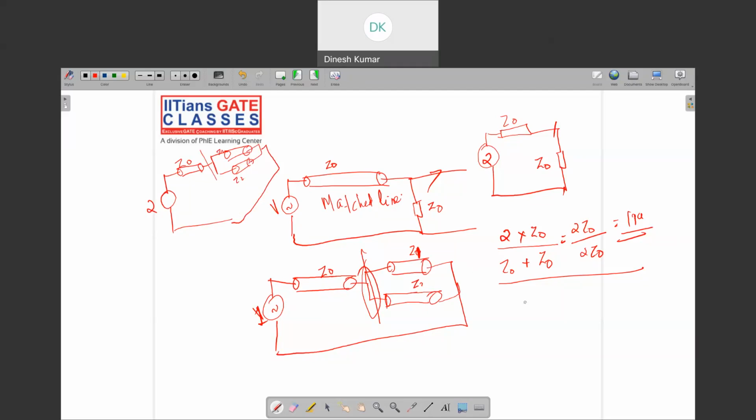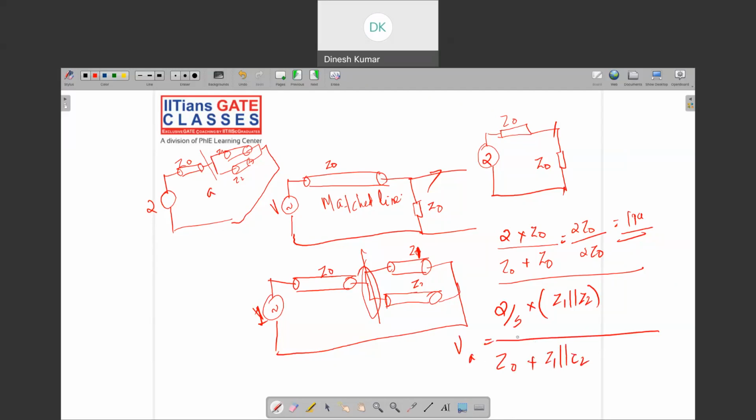That will be 2E, the total voltage, into Z1 parallel Z2, which is the voltage across this particular part, divided by Z0 plus Z1 parallel Z2. From here we can find the voltage at node A.